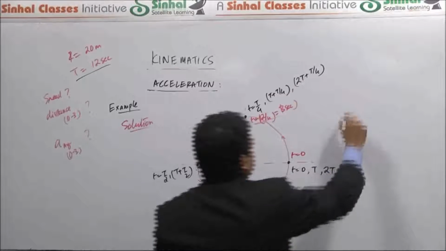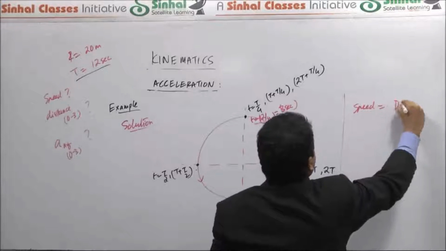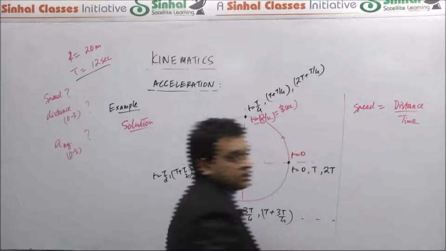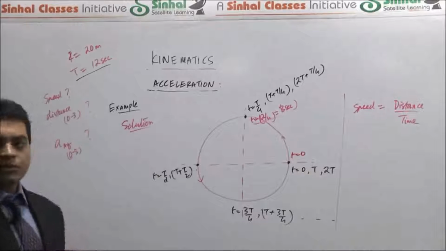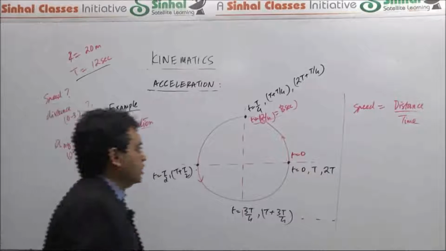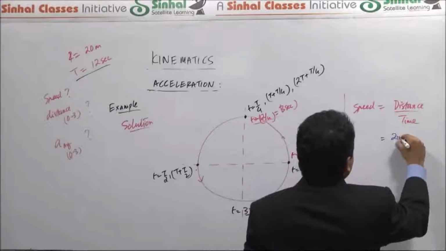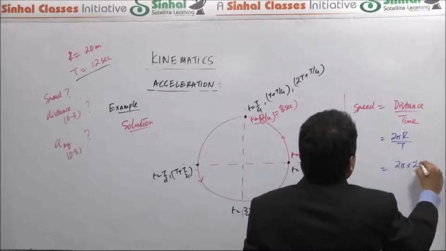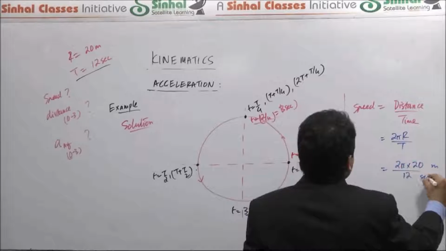So now, first of all, as far as the speed is concerned, it is distance upon time, because remember the instantaneous speed is the same as the average speed in this case, because it's a uniform speed. So it's the total distance upon total time for whatever interval we take. Let's say we take one full cycle, so the distance traveled in one full cycle would be 2 pi r, and the time would be one time period, so that is 2 pi into 20 in meters, right, divided by 12 seconds.